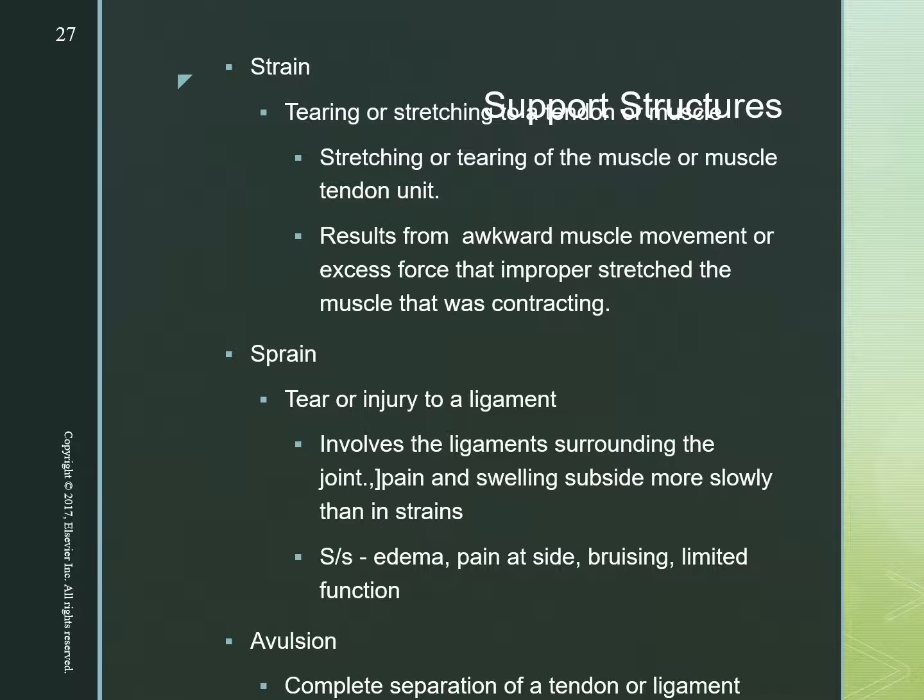A sprain is a tear or injury to a ligament, involving the ligaments surrounding the joint. Pain and swelling subside more slowly than in strains, and the symptoms include edema, pain at the site, bruising, and limited function. Avulsion is complete separation of a tendon or a ligament.